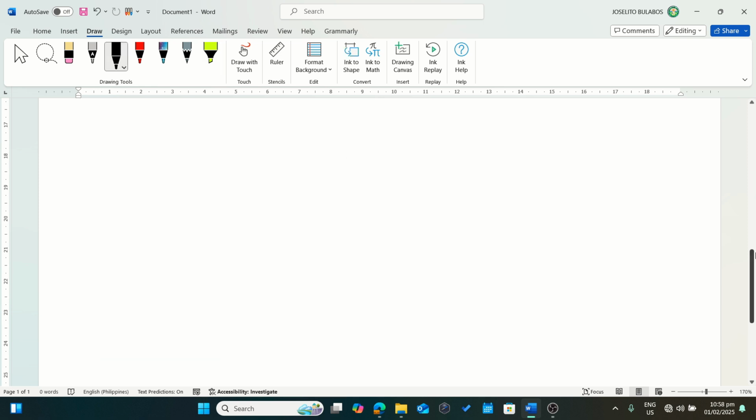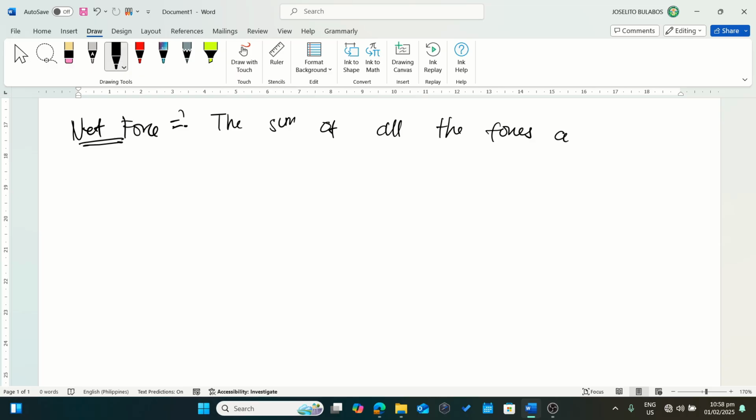Let us further understand force. We have what we call net force. What do we mean by that? When you hear the word net force, all we have to do is get the sum. Net force is nothing but the sum of all the forces along a particular direction.